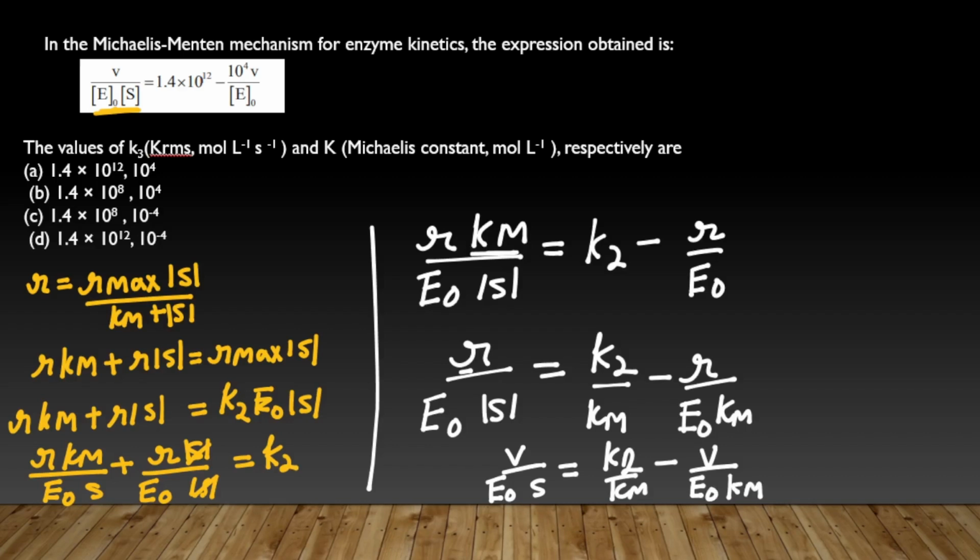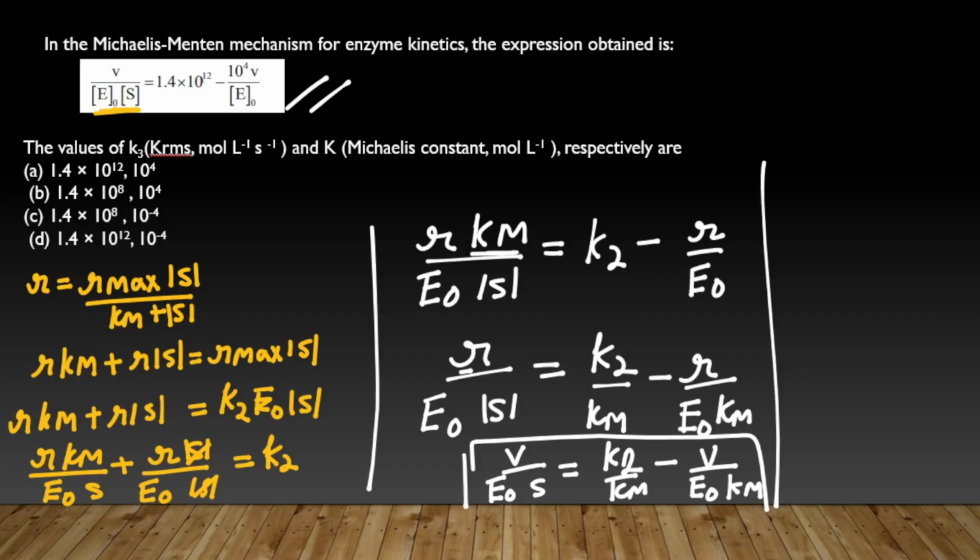Okay. So now compare this expression that we have obtained with the given expression. So you will be getting the values that V upon E naught into S is equal to K2 by Km, that is equal to 1.4 into 10 raised to the power of 12.